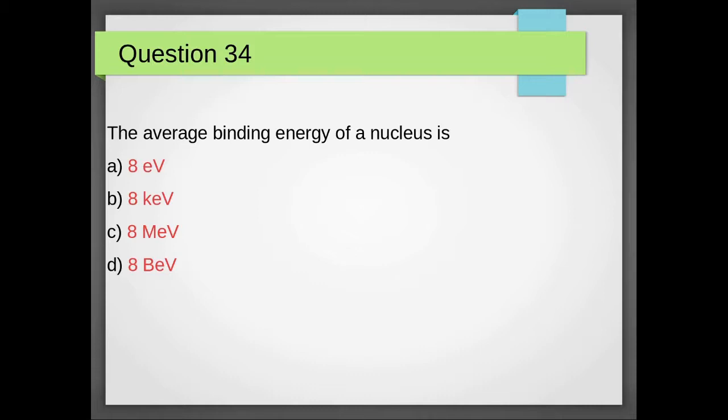In elements with low mass numbers, there are not enough nucleons to produce the needed binding energy of around 8 mega electron volts.